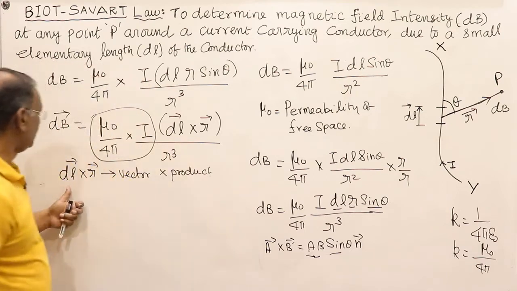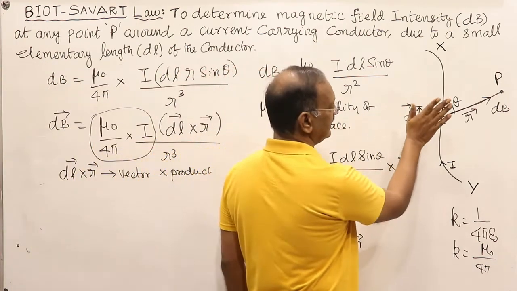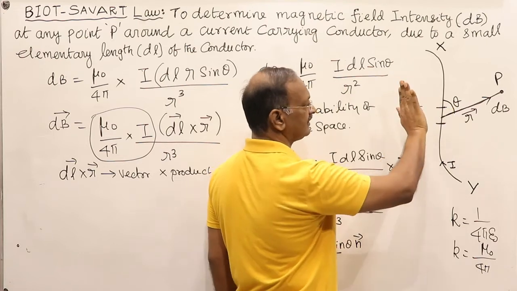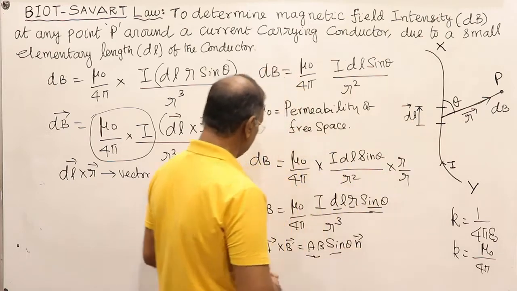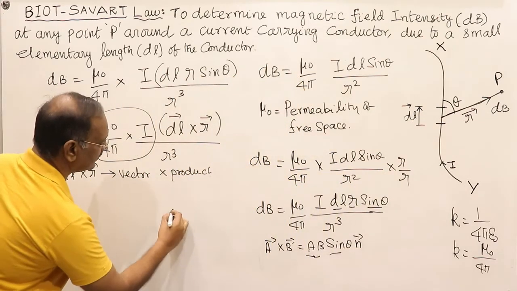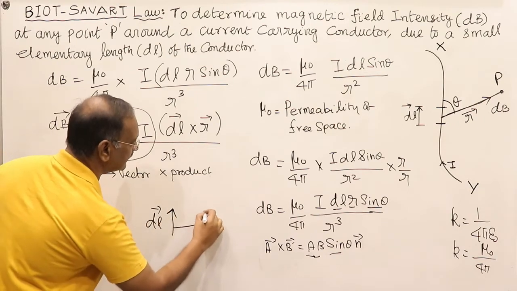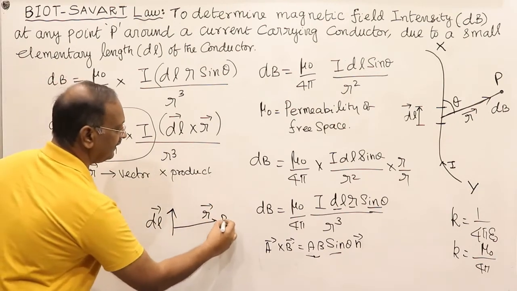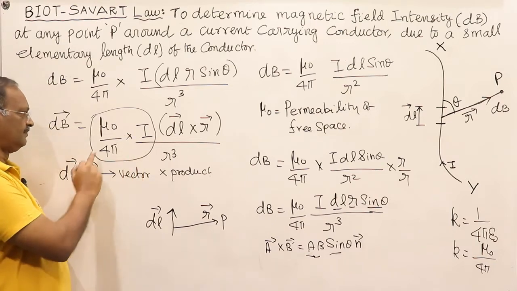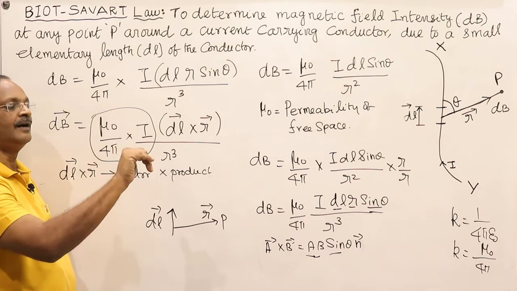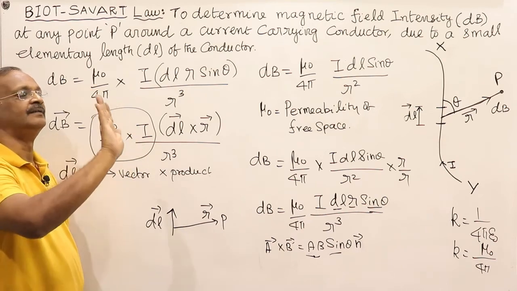See, we have to go from dl to r. This is the direction of the dl vector, and r is in this direction. This is the point P. From dl you have to go to r, and this indicates the direction of the magnetic field.